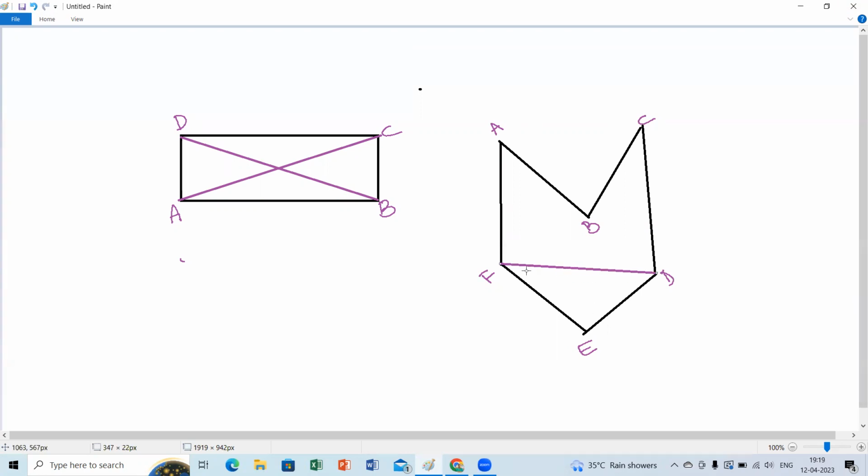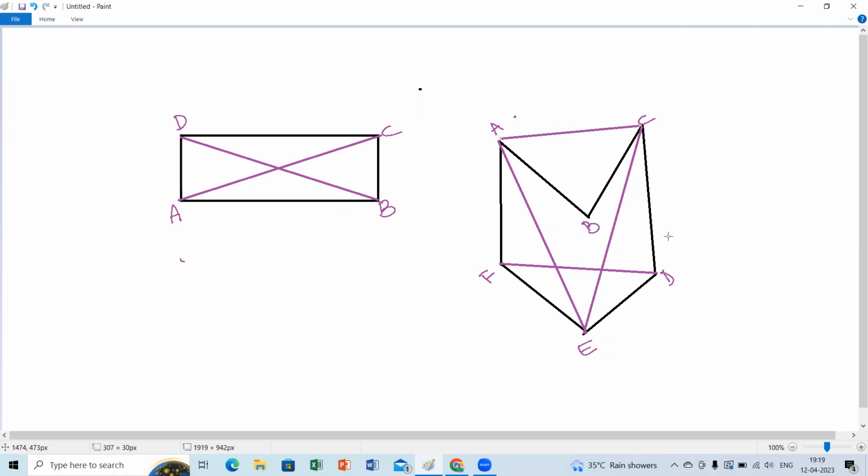Because I can connect, yes or no? These are non-adjacent vertices. Hari Karthik is there in the classroom. Can we draw diagonals like that? Can I connect even this also, AC? Because AC is also one.